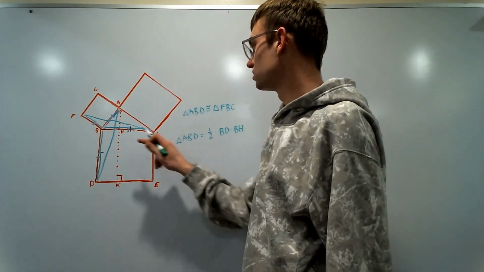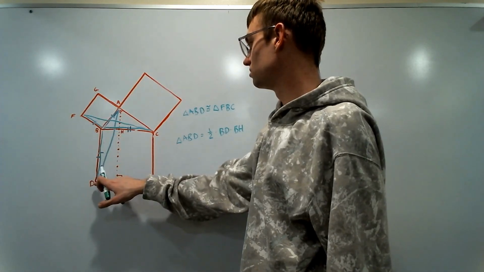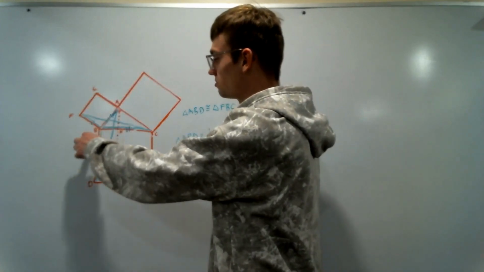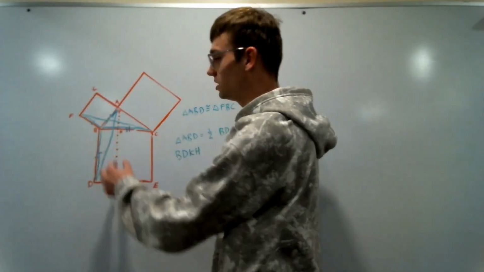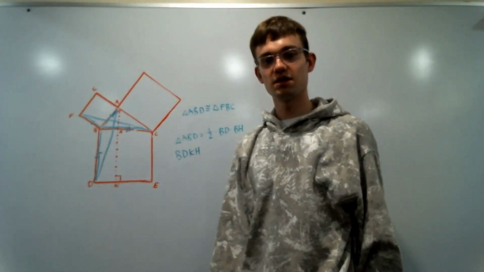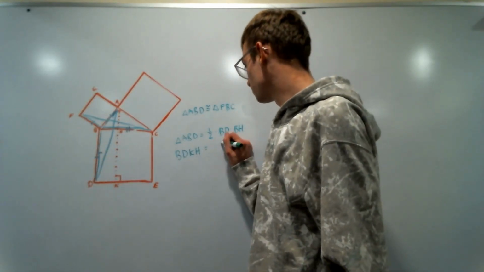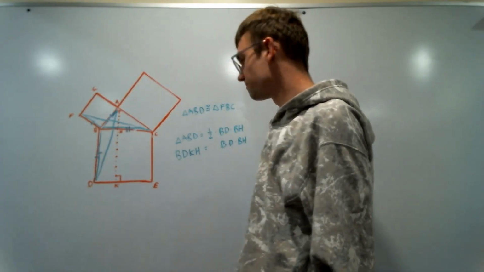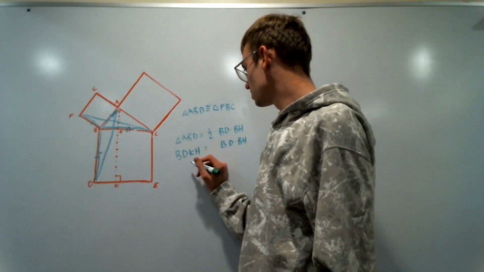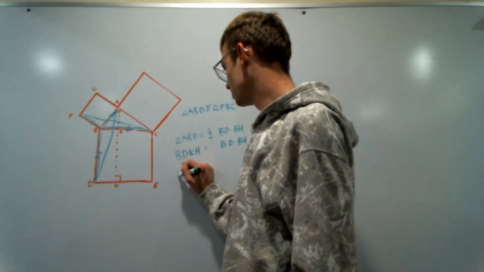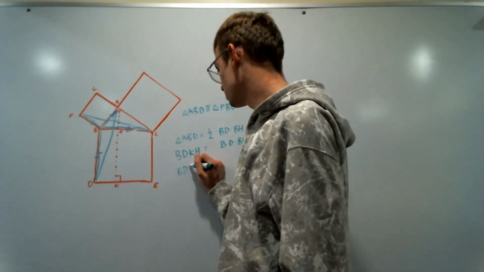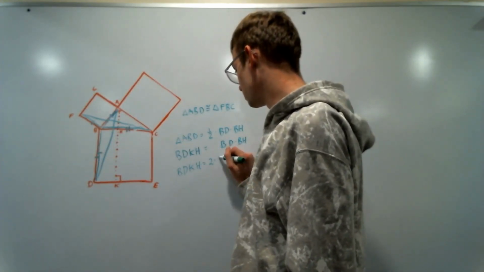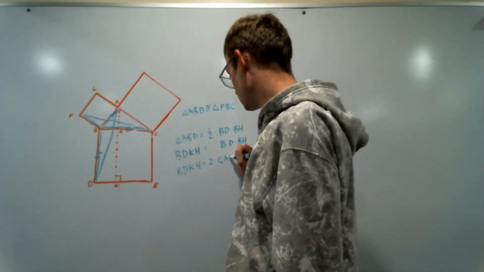Next, let's look at rectangle BDKH. Well, that rectangle we can say has base BD and height BH. So the area is simply BD times BH. So the area of rectangle BDKH is also just 2 times the area of triangle ABD.